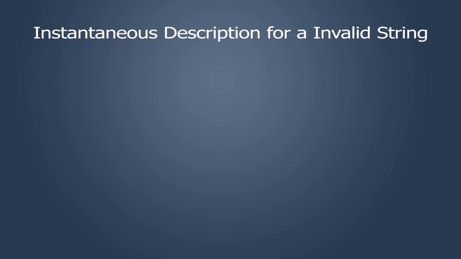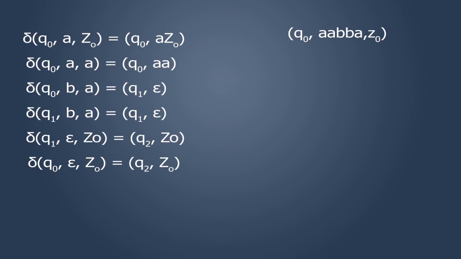Let's proceed ahead and learn how to write an instantaneous description for an invalid string. Let me consider this to be my string, that is A A B B A. We know that initially we will be on Q0 state and input string is A, A, B, B, A. And initially my top of the stack happens to be Z0.